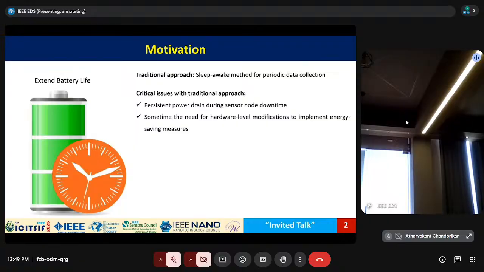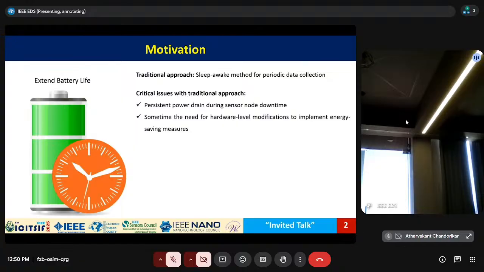The traditional approach to extend the battery life is to put the microcontroller into sleep mode and then wake it up. But there are certain problems with sleep mechanisms. Sometimes if you put the microcontroller into deep sleep mode, it will not wake up. It will require an external interrupt, which is always a manual trigger, and that creates a problem.